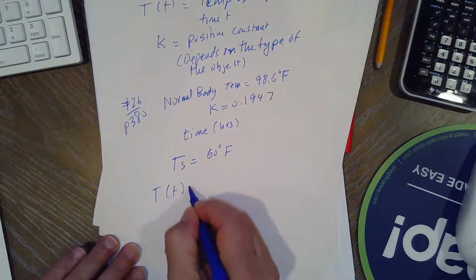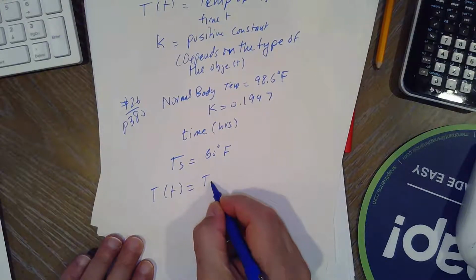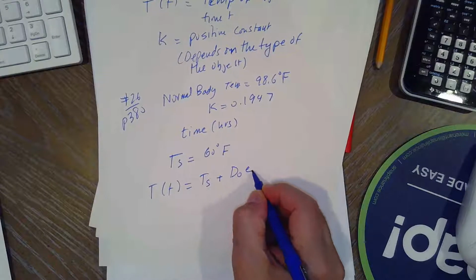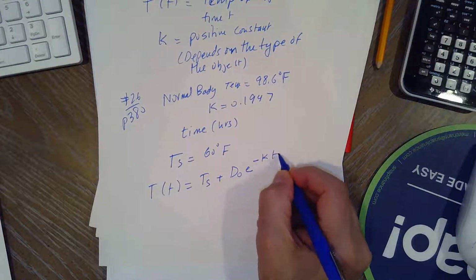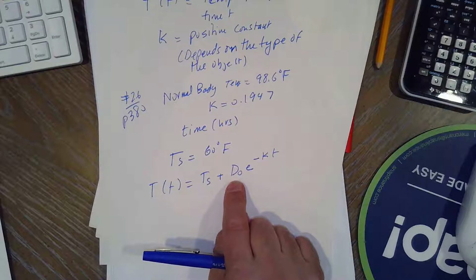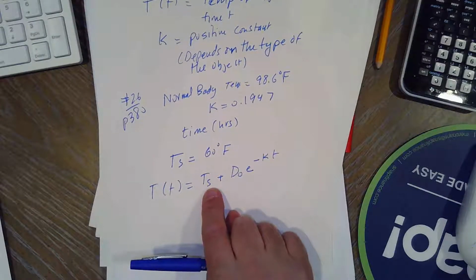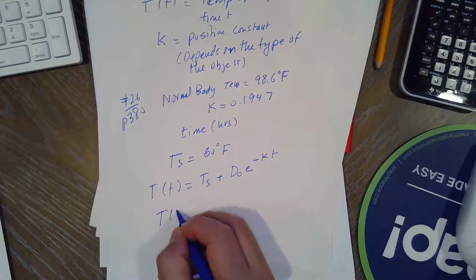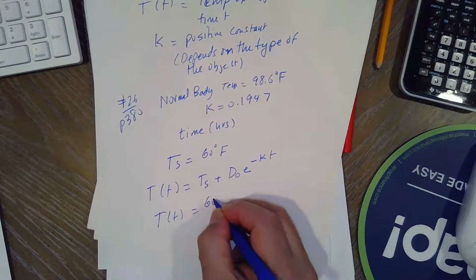We know the formula T of t is Ts plus d sub 0 e to the negative kt. We have k, we have d sub 0, and we have Ts. We'll put them all in there. T of t is, Ts is 60.